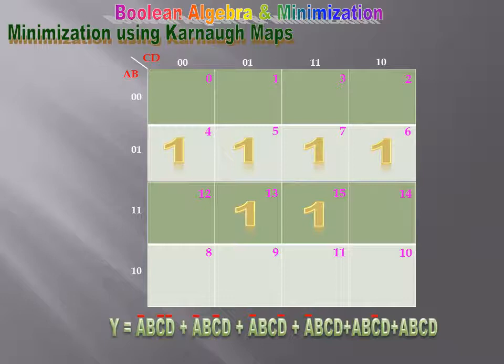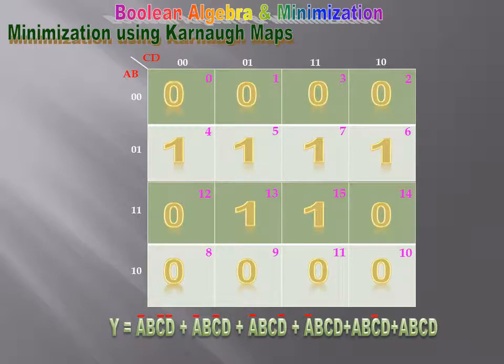This sort of expression can have 16 different min terms, but the min terms present here are only these 6. So we'll write 1 in those cells, and all other cells will be 0. Then we'll start combining, and we can have a square quad in the center, and another group can be formed because 1 or 2 ones still remain.